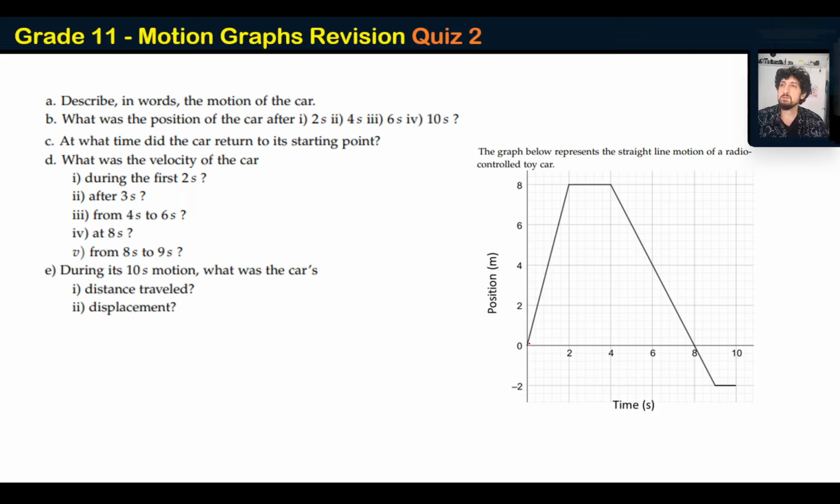Let's see what's happening. The position is increasing. That means there's a velocity, but it's a straight line, so that is positive. The first thing that's happening over here is constant or uniform positive velocity.